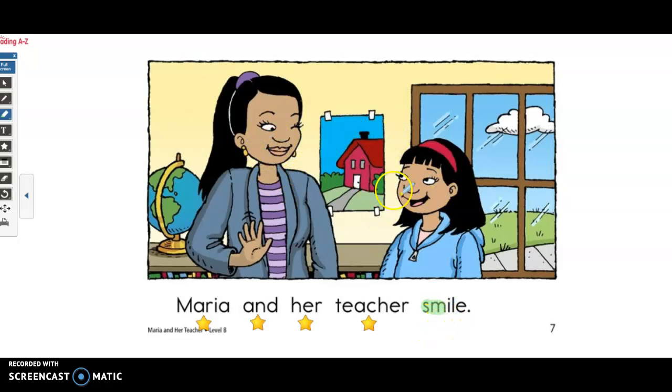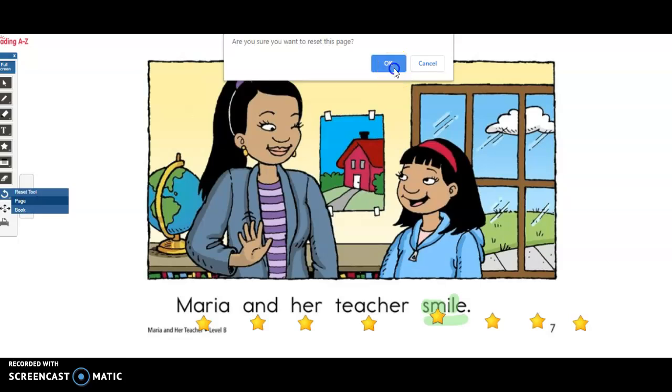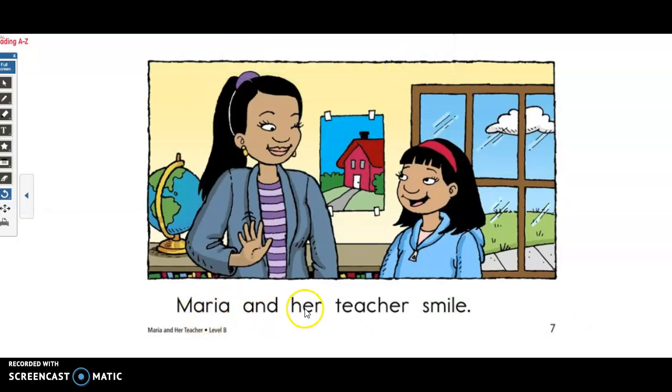What are they doing? Look through the whole word. Smile. Maria and her teacher smile. It can't be Maria and her teacher smile at each other, right? Because that's way too many words. So it is just Maria and her teacher smile.